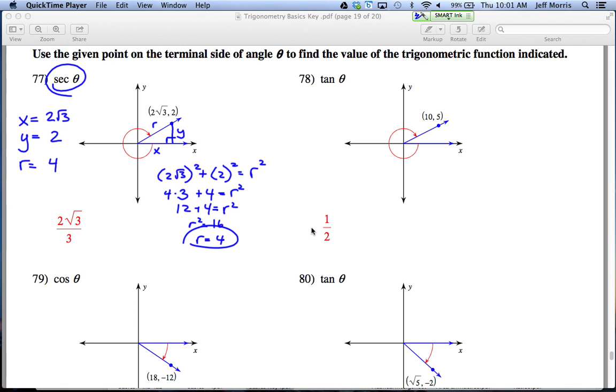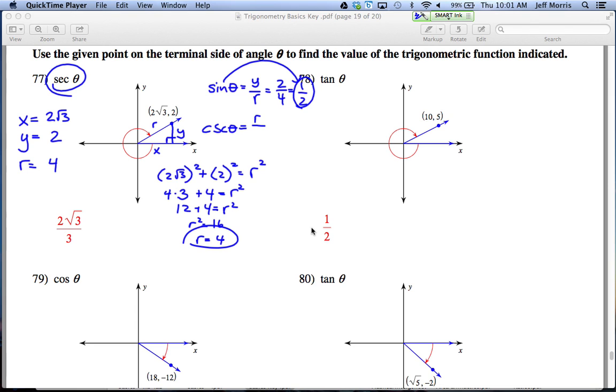If I wanted to find sine, sine of theta is y over r. What's y here? 2. What's r? 4. So sine of theta is equal to 1/2. Pretty simple. How would I find cosecant? Well, cosecant theta is the reciprocal.